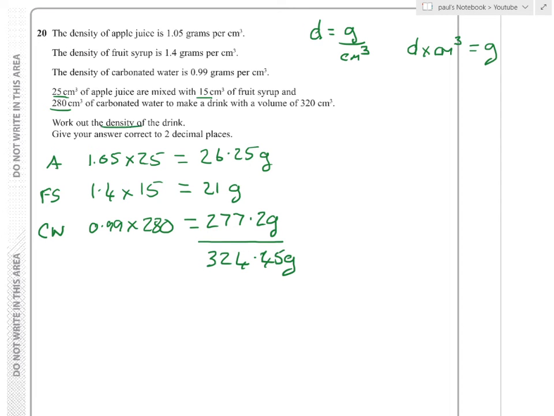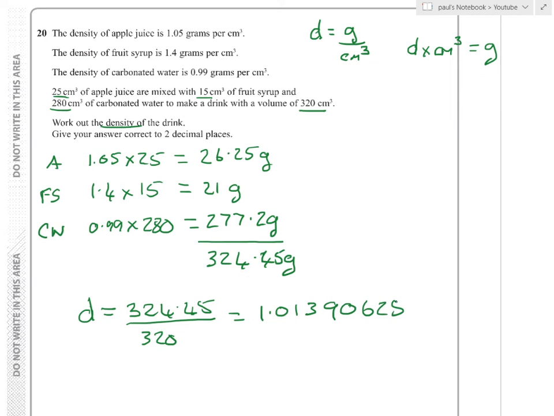We've got to find the density now. So the density is the total weight, which is 324.45, divided by the volume of the drink, which is 320. Divided by 320, which is 1.01390625.